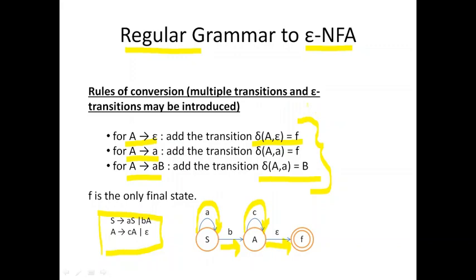Also, there is the possibility of introduction of epsilon transitions. Say if you have a production like A giving epsilon, you will end up with an epsilon transition. So that is how we convert a regular grammar to epsilon NFA.